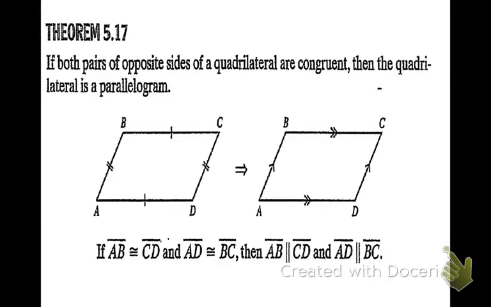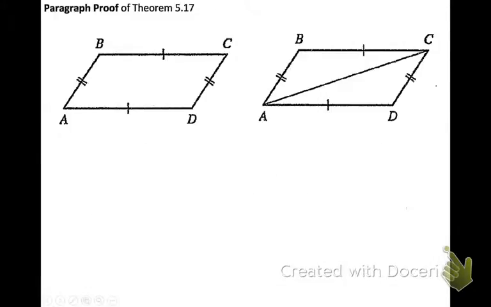How do we know that those two triangles are congruent? Jake? Side, side, side. Yeah, so we're going to use the side, side, side idea. And then we'll use congruent angles to show that they're parallel, right?